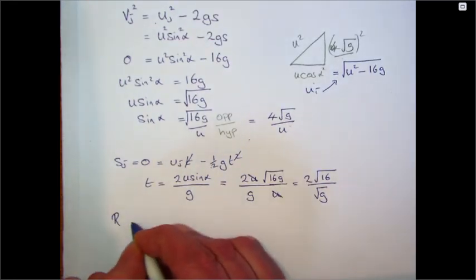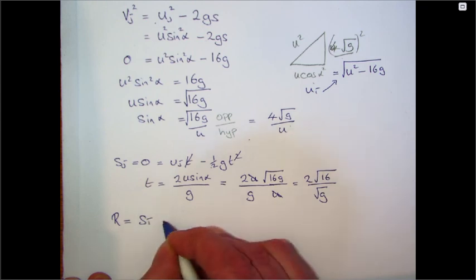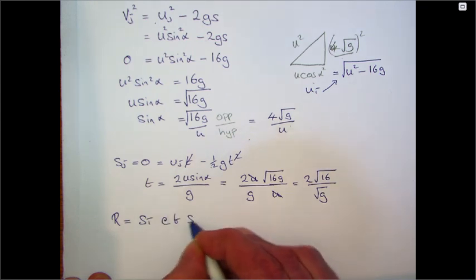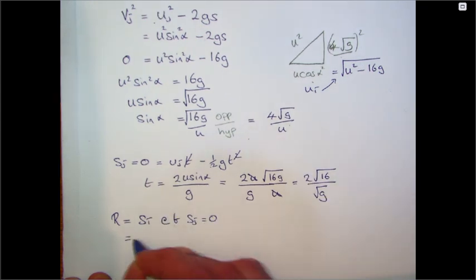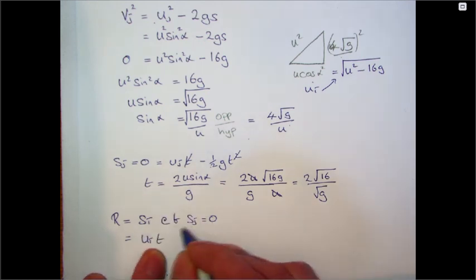The range is equal to the distance in i at the time that s of j is equal to 0. The distance in i is u i times t.